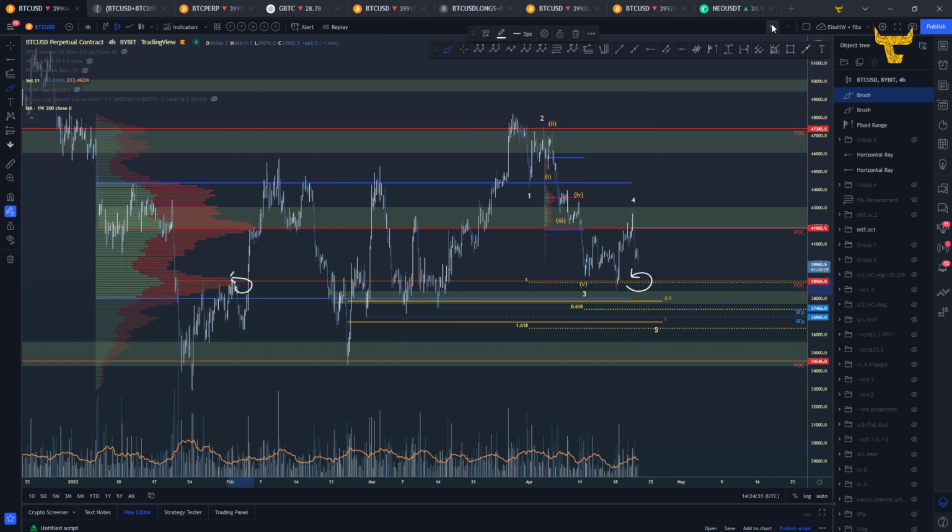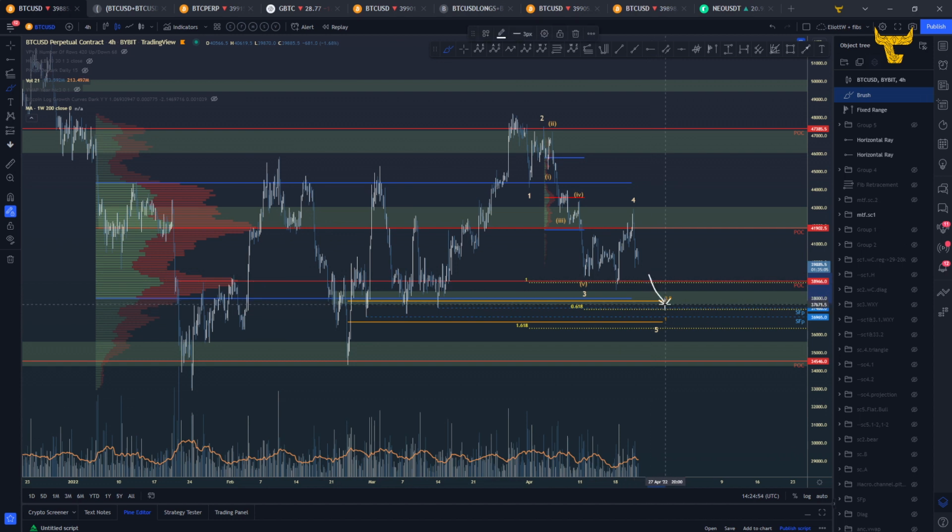Usually it brings fear, because POC, or high volume node, is up here, but if price action trades below this high volume node, it means there has been a lot of trading at this level, so there is a lot of people positioned here.